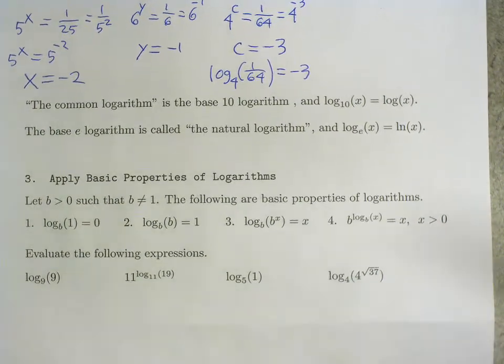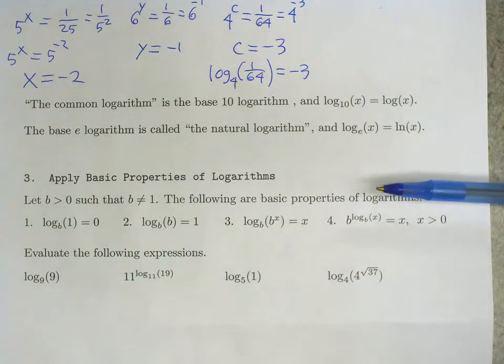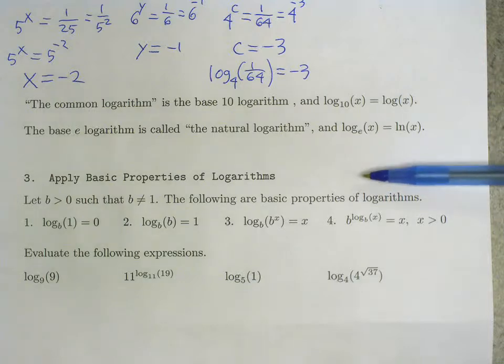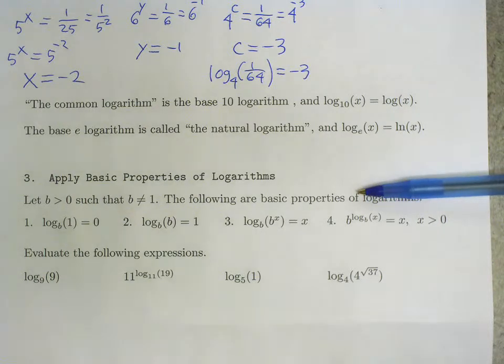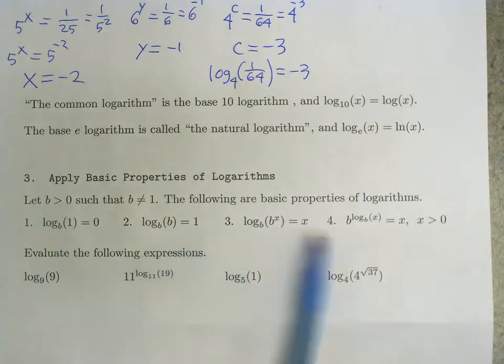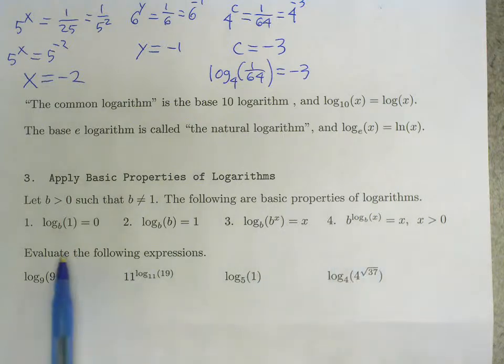Okay, objective 3 in section 3.3, apply basic properties of logarithms. We'll have more advanced properties of logarithms in section 3.4, but these are basic ones, so learn these first. Let b be greater than 0 such that b does not equal 1. The following are the basic properties of logarithms. Log base b of 1 equals 0.